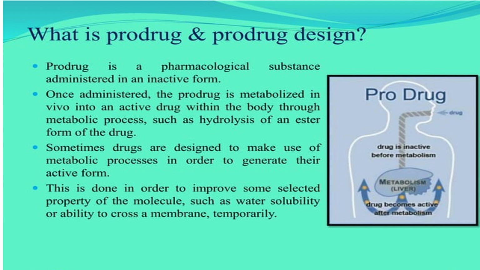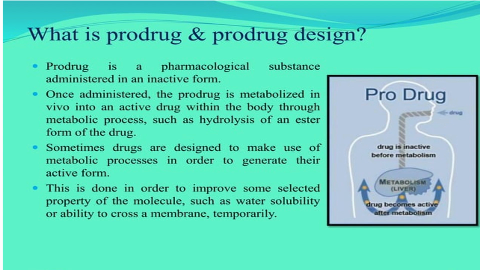These metabolic processes involve, for example, hydrolysis of an ester form of the drug. Such a simple chemical reaction gives us the active form of the drug.